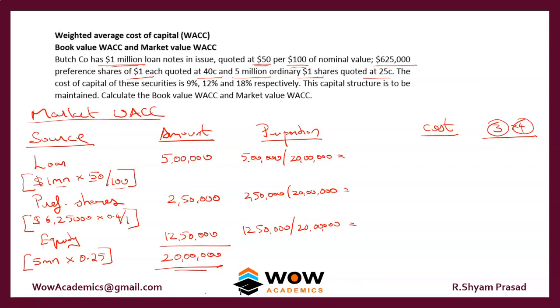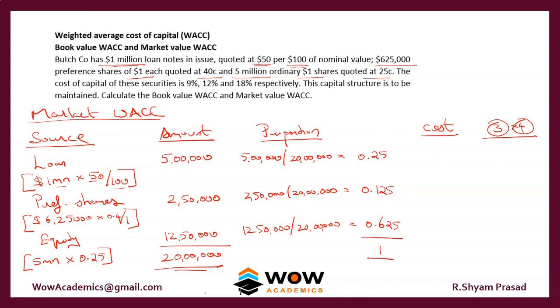Our answer will be for the first one as 0.25, the next one as 0.125, the last one as 0.625. So if you add, it should come to 1.